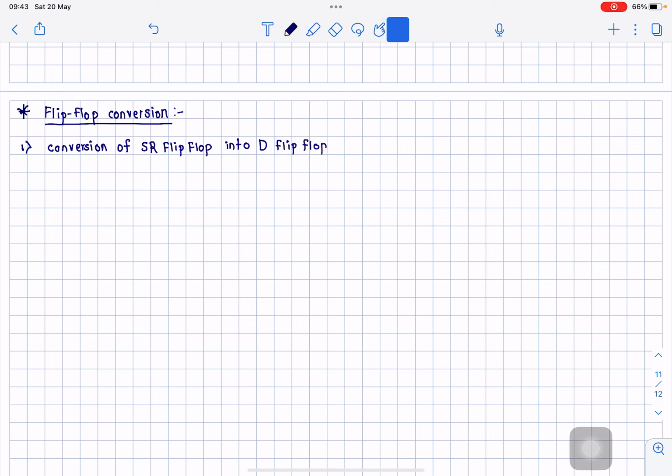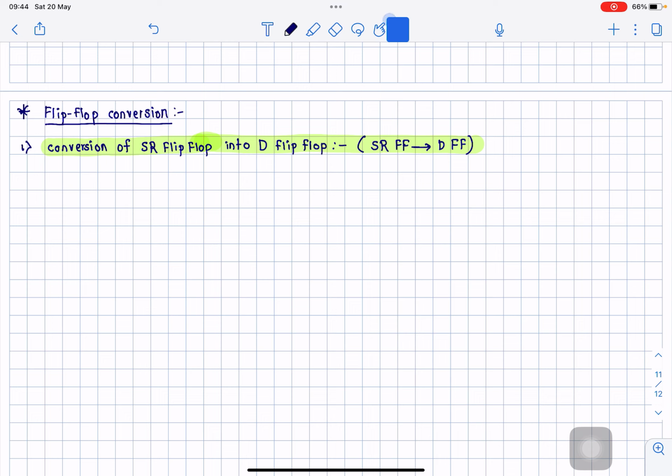In short, we want to convert SR flip-flop to D flip-flop. How to do this, let us see in this lecture. Let me highlight this particular part. So the first conversion we want is to convert the SR flip-flop into D flip-flop.